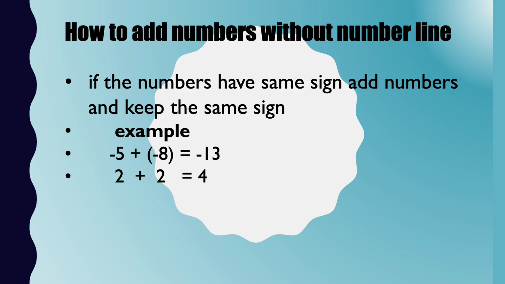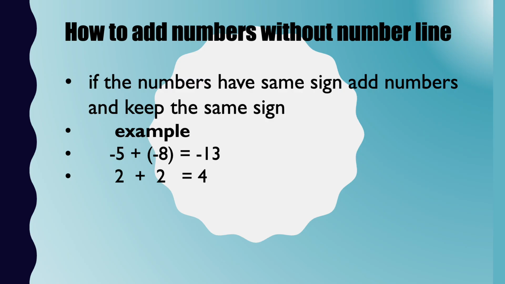It is always plus. So this is plus 2 and this is plus 2. So plus 2 plus plus 2 equals 4. First, let's forget about the sign. What are the numbers? 2, 2. 2 plus 2 equals 4.